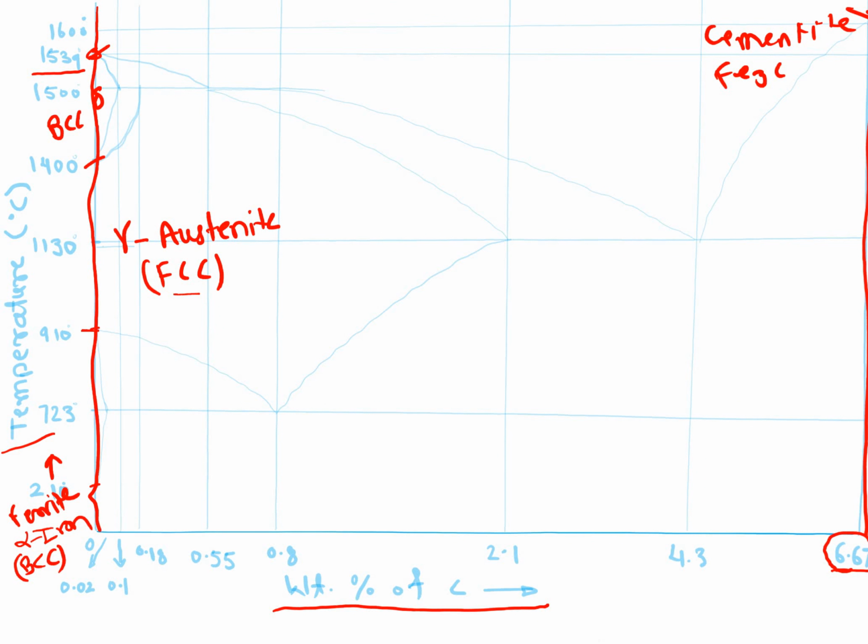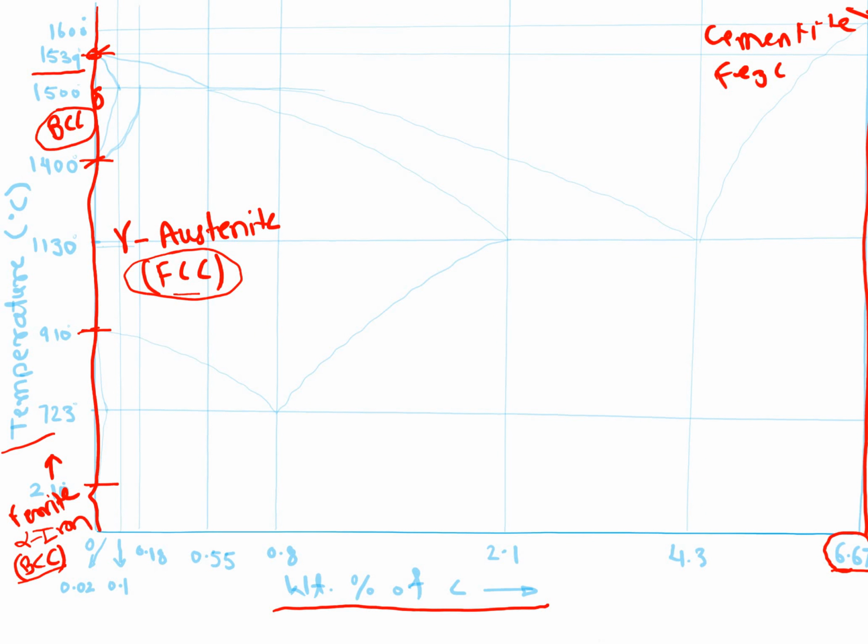First, at room temperature, BCC, which is the stable form. Then, most widely used, the austenite, which has an FCC crystal structure, and the last one at elevated temperature, which has a BCC crystal structure. Here you have to keep in mind the temperature range for each.